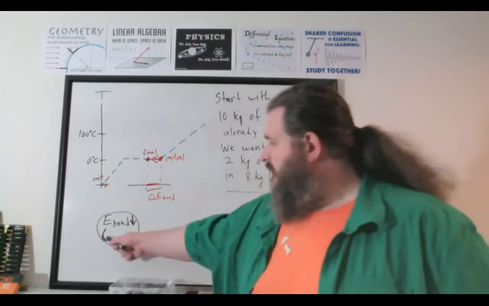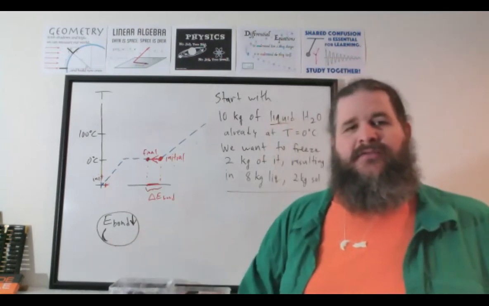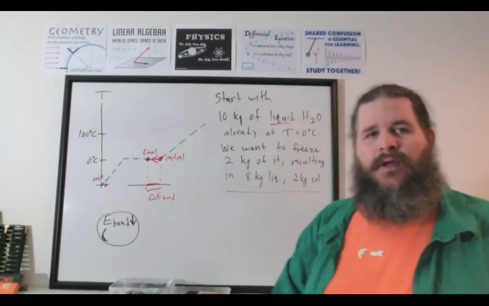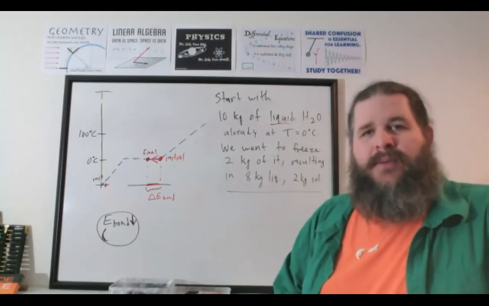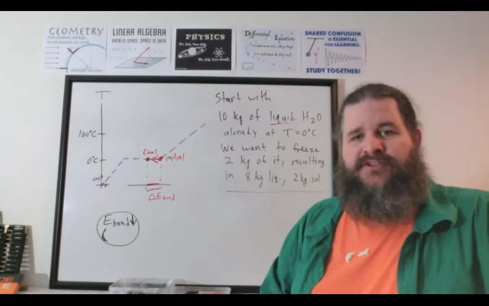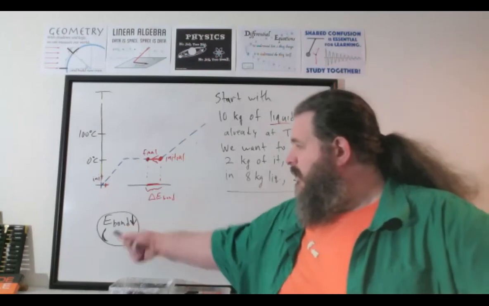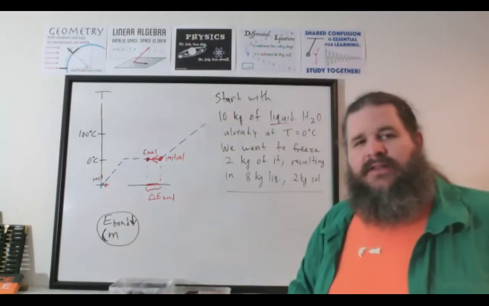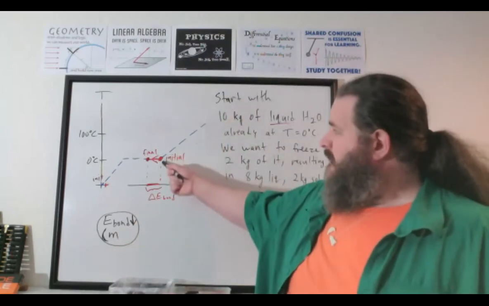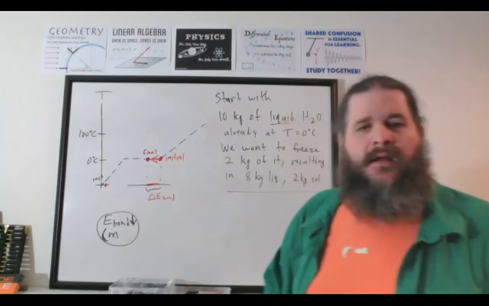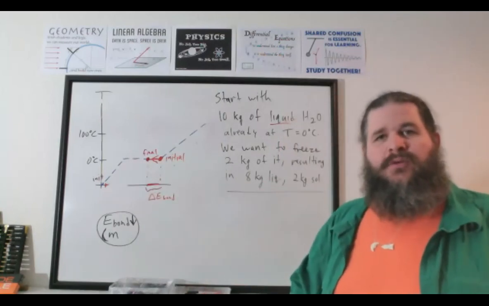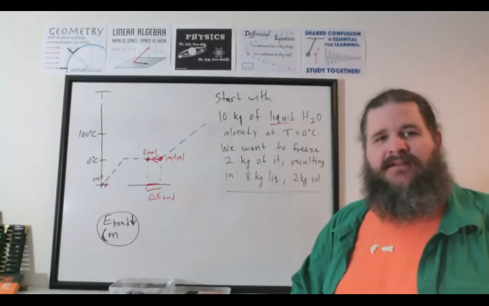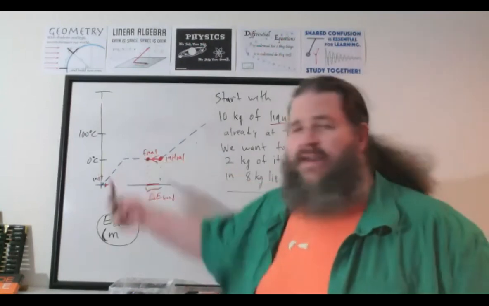However, we can't really just list phase as the indicator here because phase doesn't really have a numerical value. We want the indicator to have a numerical quantity that we can plug into the equation. So the indicator we typically use for bond energy is mass. And specifically, we've got 2 masses here. We've got mass of the liquid and mass of the solid. Generally, for this situation, you want to use mass of the higher energy state. Would you say that liquid or solid is higher energy?